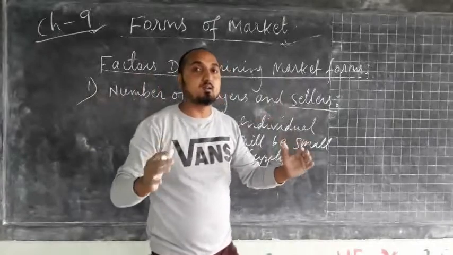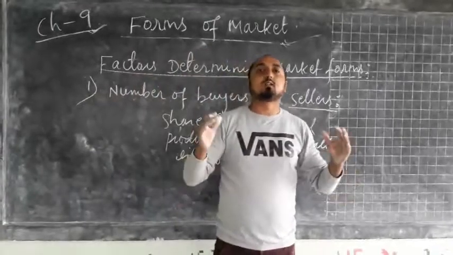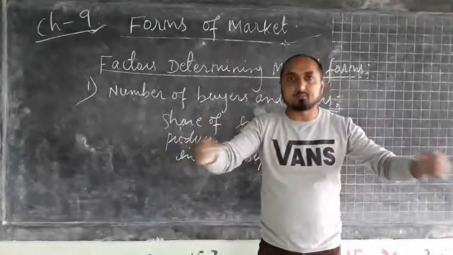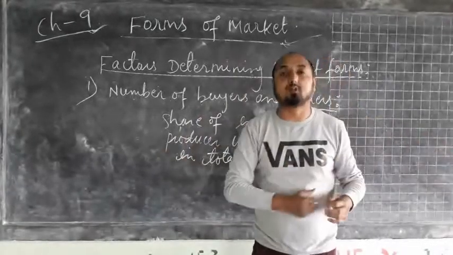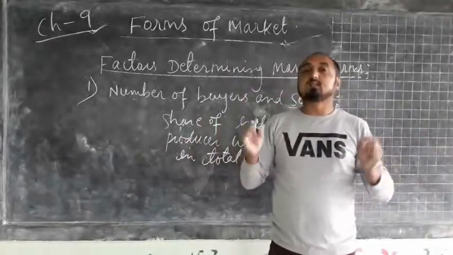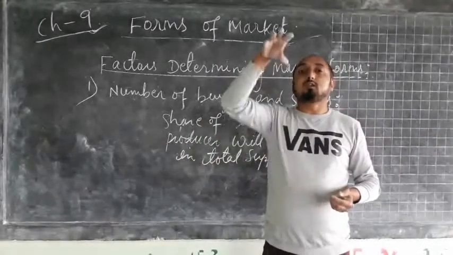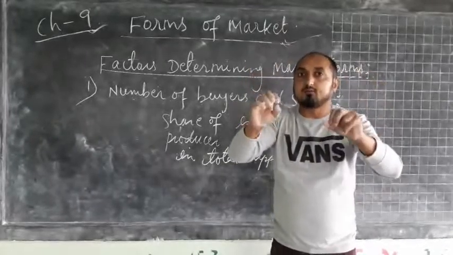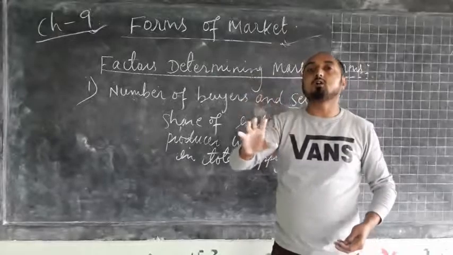What is the meaning of that? Suppose there are lakhs and lakhs of producers producing a homogeneous product. Then the contribution of an individual seller in the total supply of a commodity will be small or negligible.